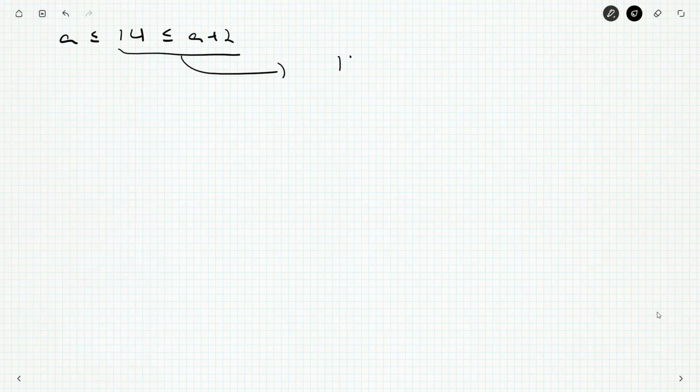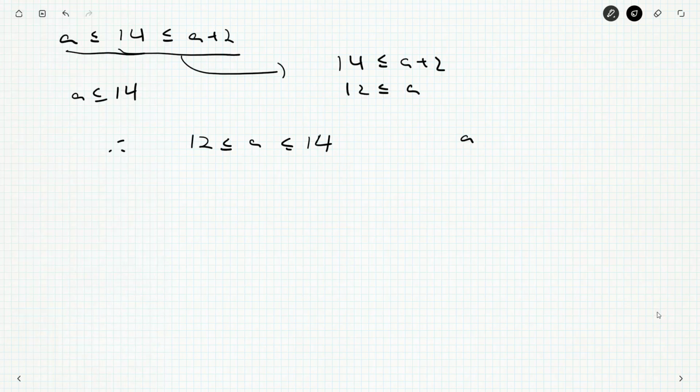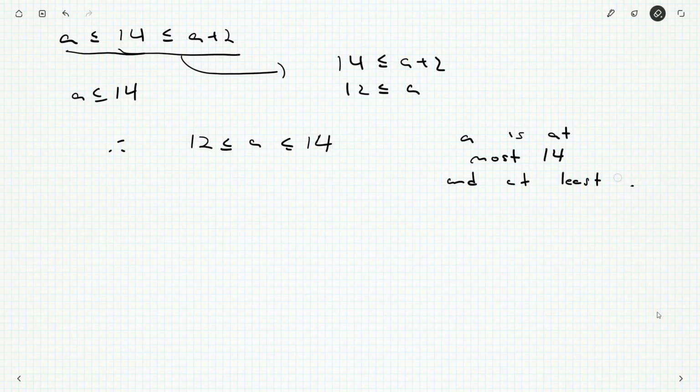Taking these two, 14 less than or equal to A plus 2, 12 is less than or equal to A. And we know A is less than or equal to 14. A is at most 14 and at least 12. So at least 12 people got both questions right.